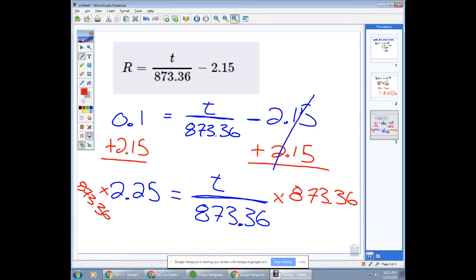So I whip out a calculator. The whole point of doing that is the multiplication and division cancel each other out. So whatever's on the left side has to be T. Anybody with a calculator? Yeah. 1,877.7.